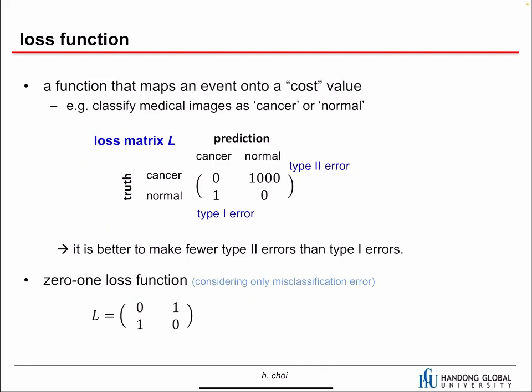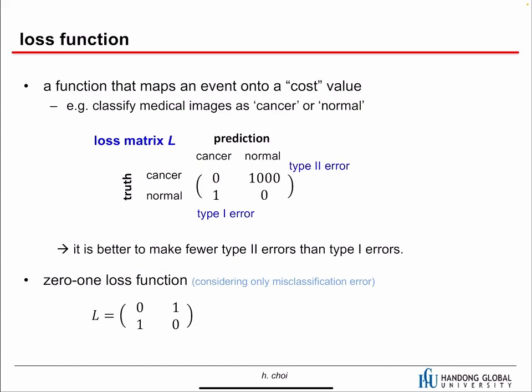So in the previous slide we talked about the misclassifications. We were interested in the misclassification rate, but as I said before, some misclassifications might have different consequences. So we're going to put more weight on some specific misclassification.